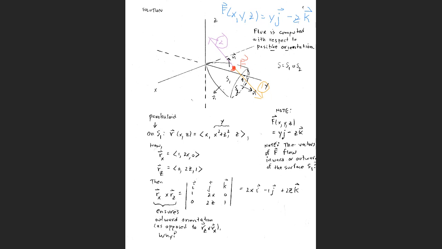Choice 1, good, the orange. Because up there, the y component is negative, so the vector has to be pointing to the left. And then the z component is positive for this red point. It's above the xy plane, and so it has to be pointing downward.